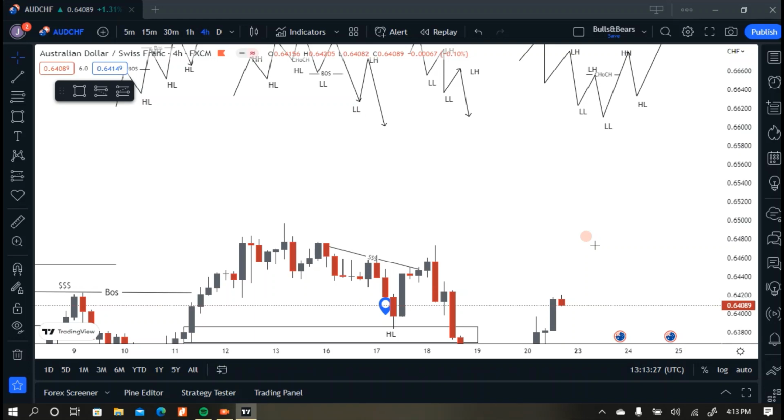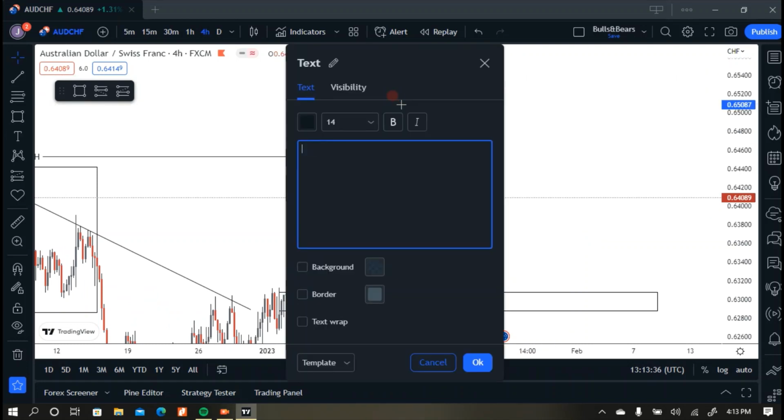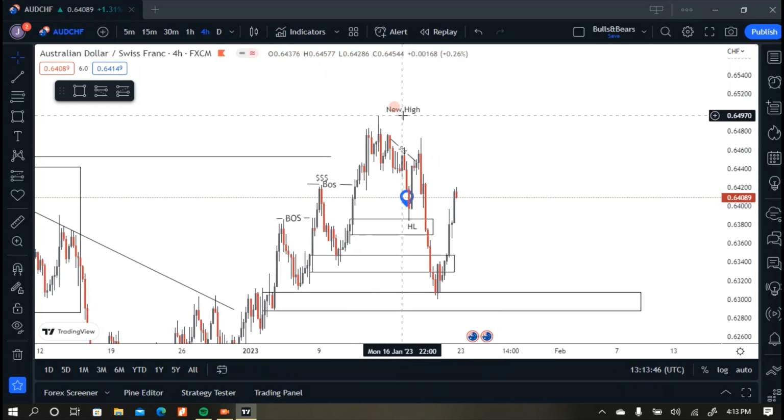It is a higher high, no longer a lower high. That is exactly what happened here, and it created this new high.